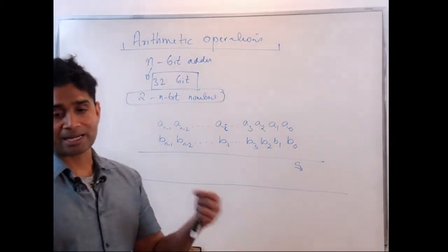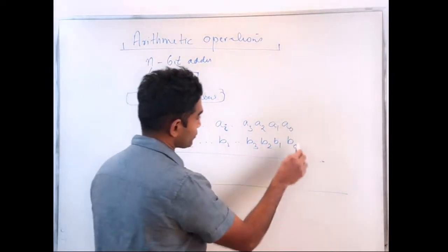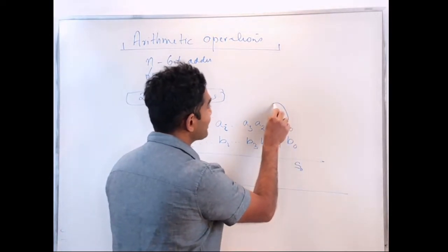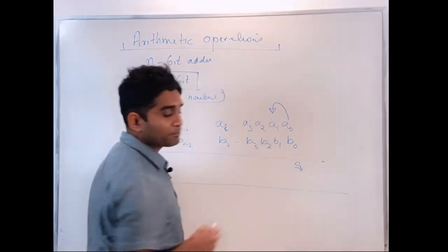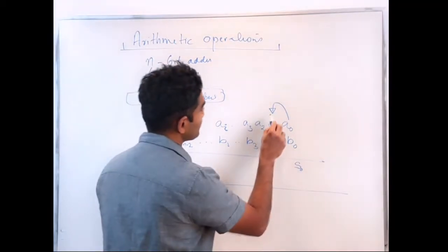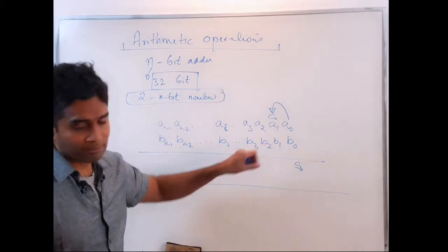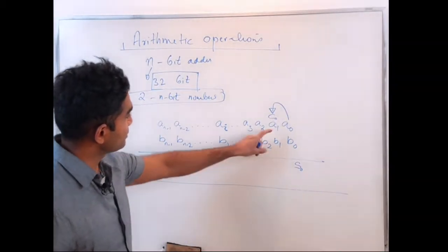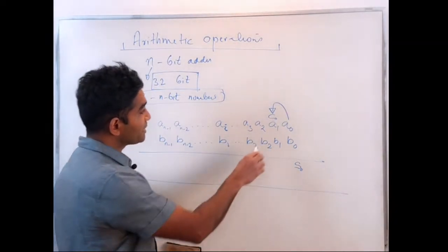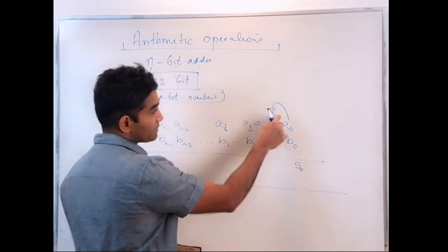What is happening to the carry out? Basically, we are using the carry out as a carry in for the next bit position. Right? This is C0, adding C0 to A1 and B1. So for the subsequent bit, we're adding these two bits together along with the previous carry.